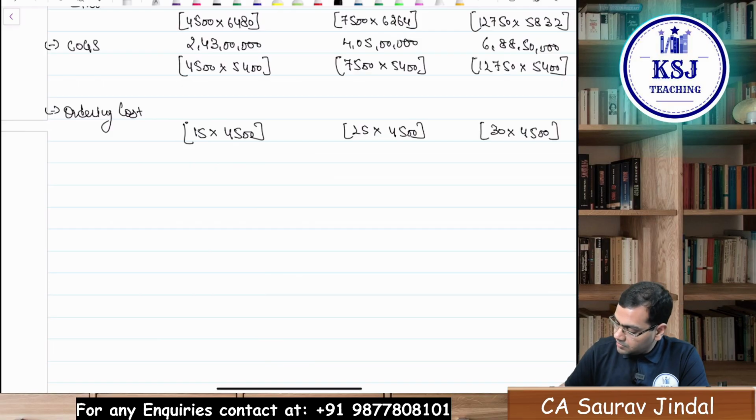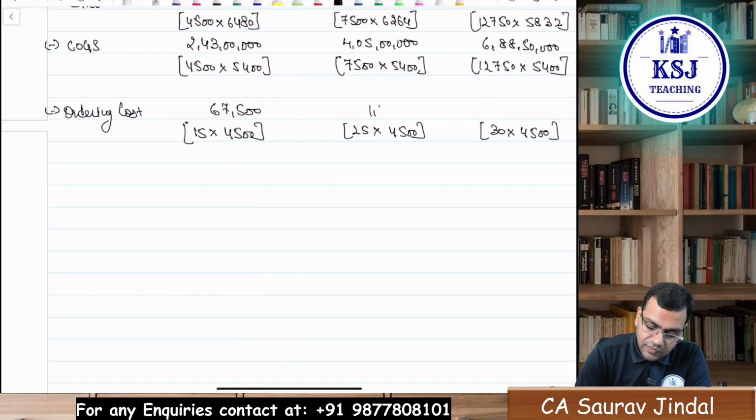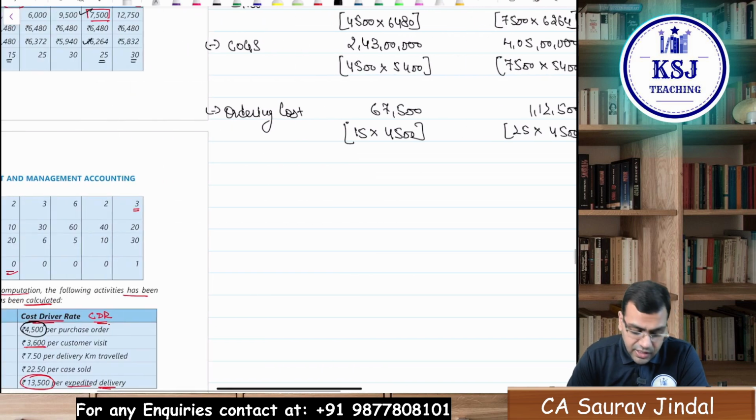So 15 multiplied by 4,500 comes to 67,500. Then 25 multiplied by 4,500 comes to 1,12,500. Next is 30 multiplied by 4,500, that comes to 1,35,000. So this is your ordering cost.